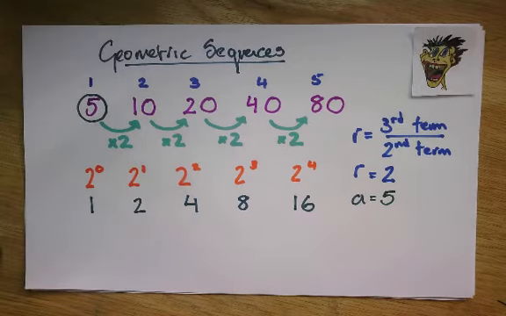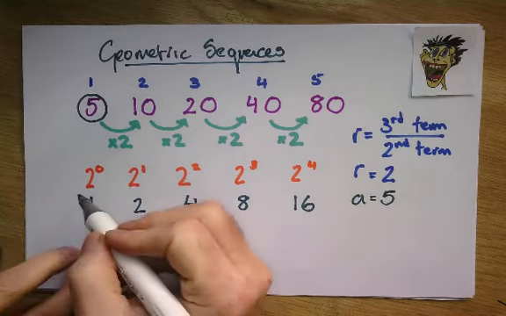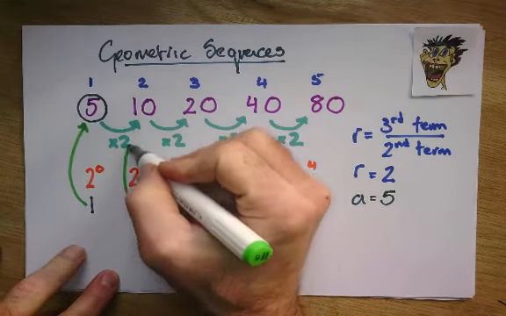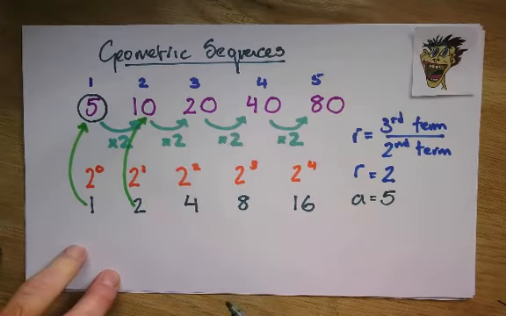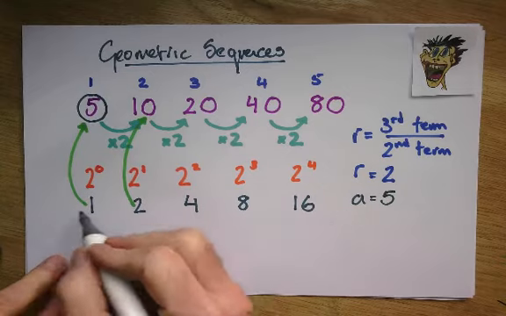So, how does that help us? Well, let's get this nice colour. What do I do to get from 1 to 5? What do I do from 2 to get to 10? Hopefully you can see you multiply by 5.